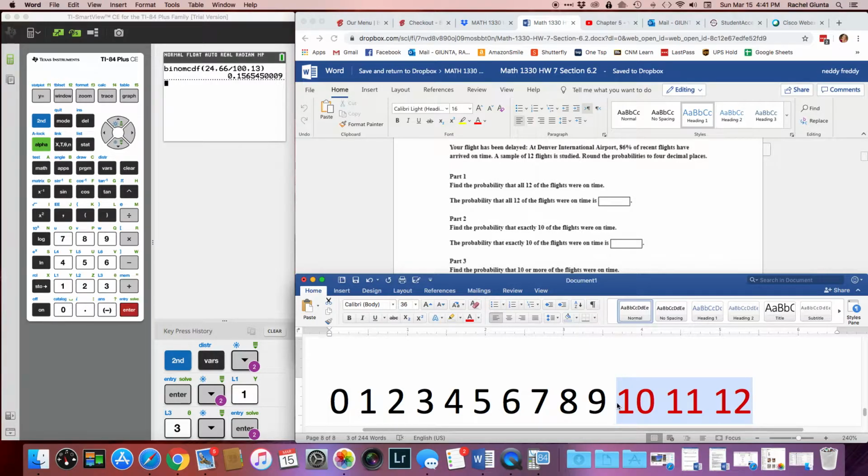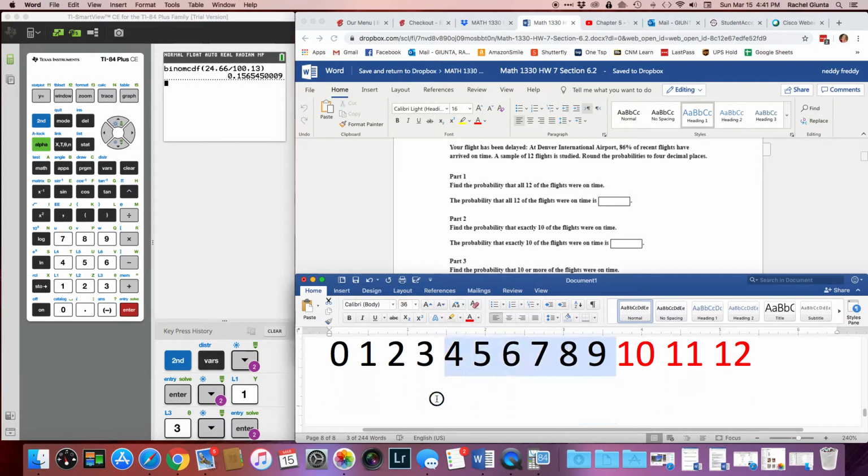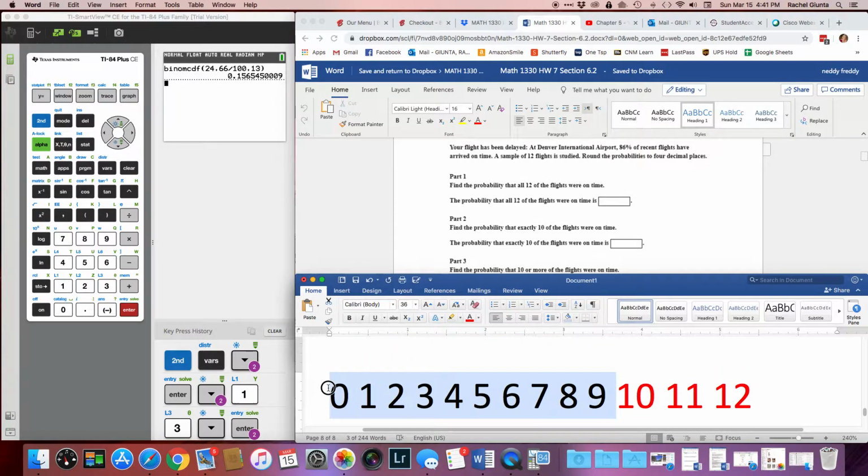But the calculator only knows how to process a number or fewer. So even though it's not what we want, we're going to calculate the probability of 0 through 9 flights being on time.